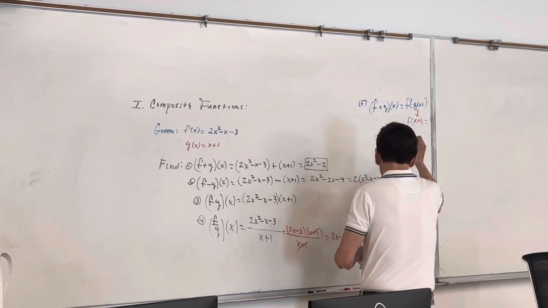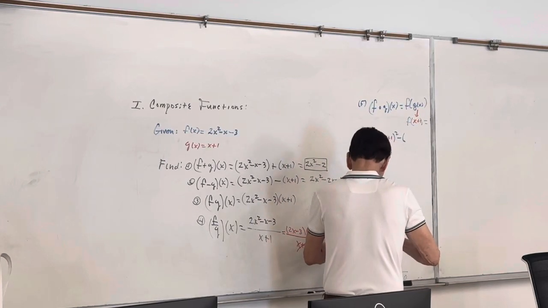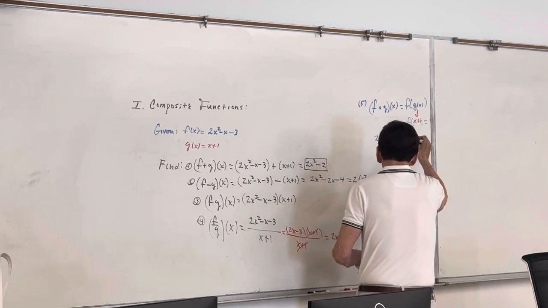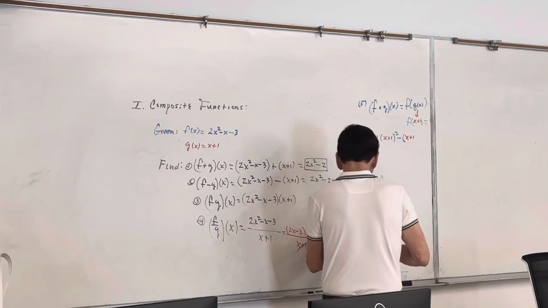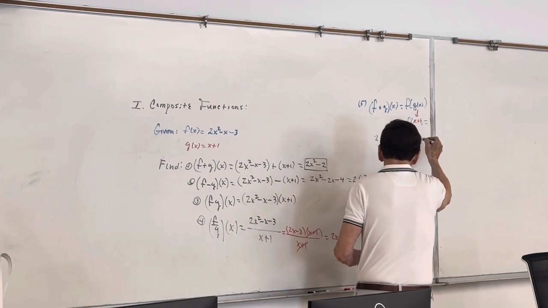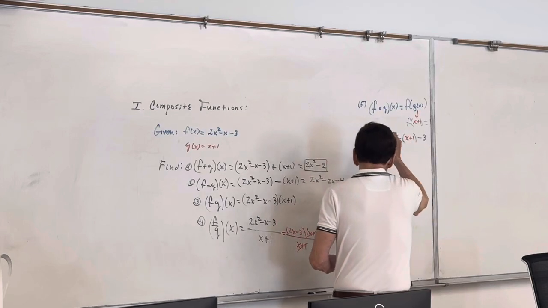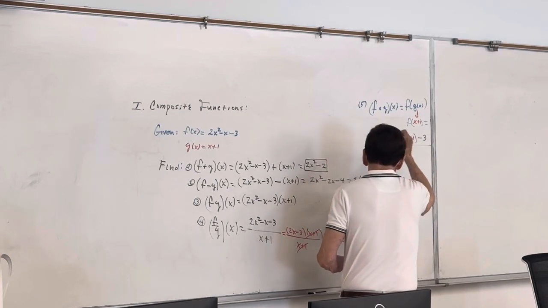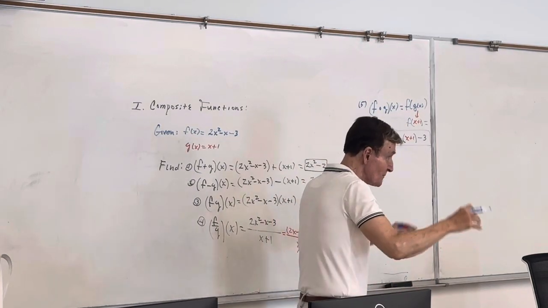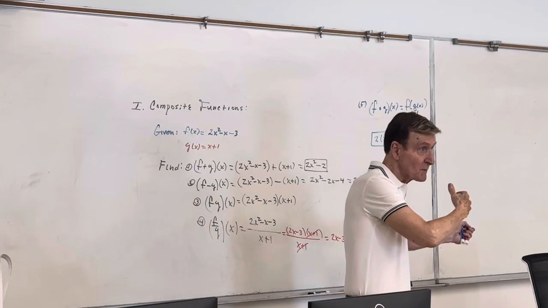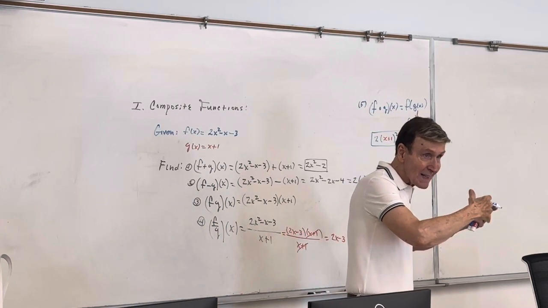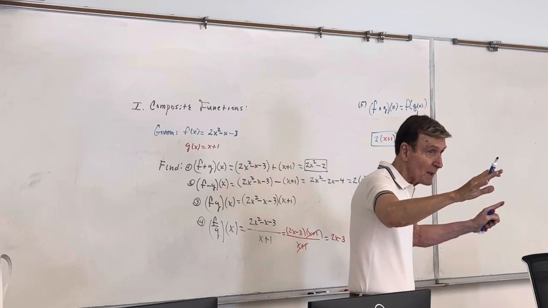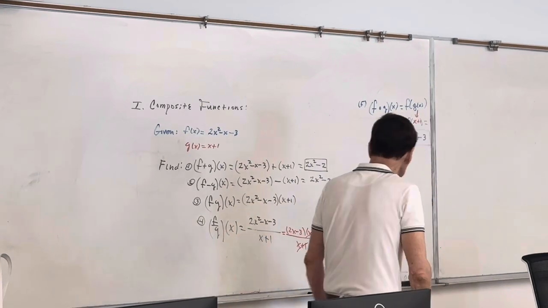Then subtract again, x plus 1. And then subtract 3. Now, to save me time, you know you would have to clean that up. You have to expand it out, collect like terms, and so forth. That can be done easily by you, but that's what it means to do.